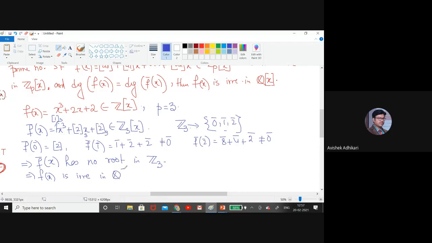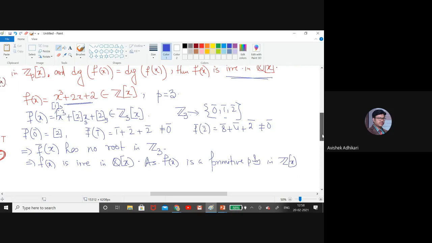In Q[x], not in Z[x]. Mind that here the conclusion is on Q[x], but as the given polynomial f(x) is a primitive polynomial in Z[x], what would be your conclusion? Your conclusion will be that f(x) is irreducible.